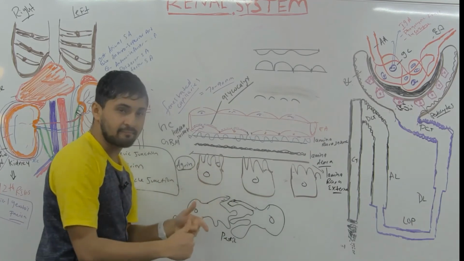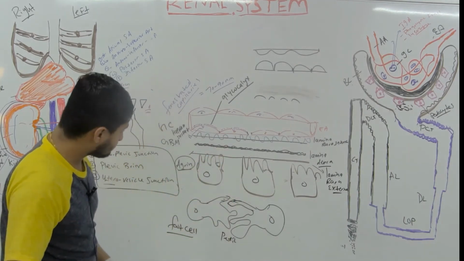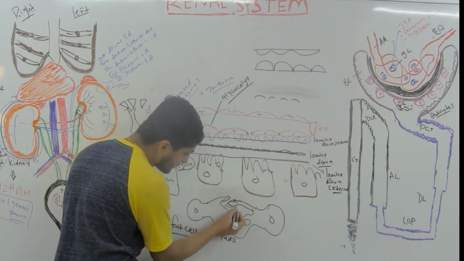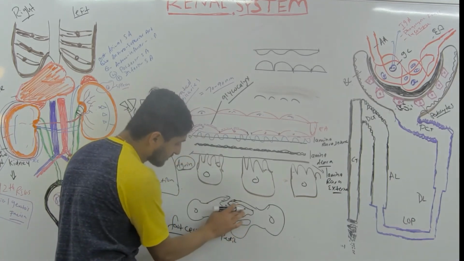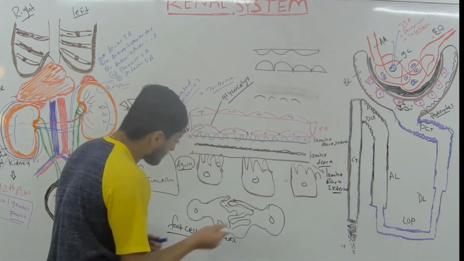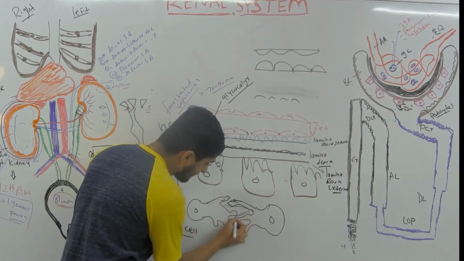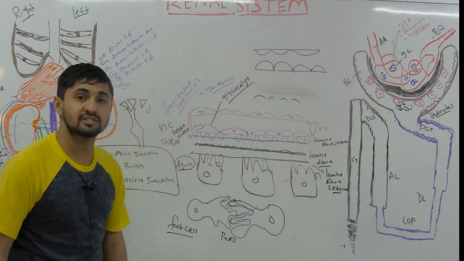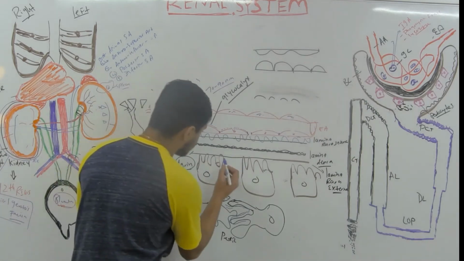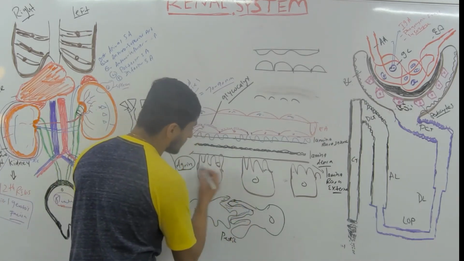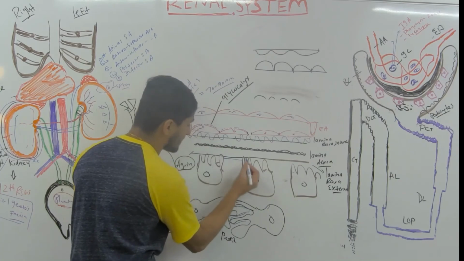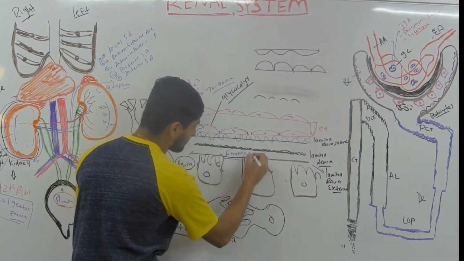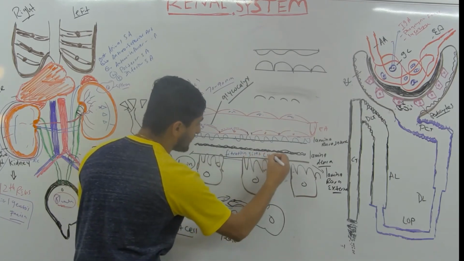It creates a gap, okay? It creates a space or gap. Like for example, right here, you see this space, let's use a different color. This space created by these two pedicels, okay? This space is called the filtration slit, okay? The space between these two coming together, we call the filtration slit. Okay, and usually that's about 40 nanometers in size.